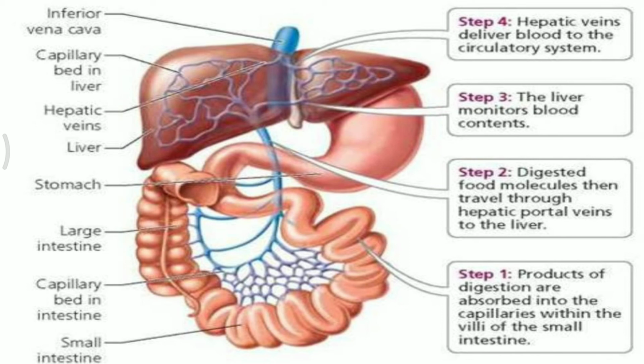The digested food molecules then travel through the hepatic portal vein to the liver. In the liver, the liver monitors the blood content, which means it removes the glucose and amino acids from the blood. And finally, the hepatic vein transfers the blood back to the inferior vena cava. This is how the hepatic portal system works.